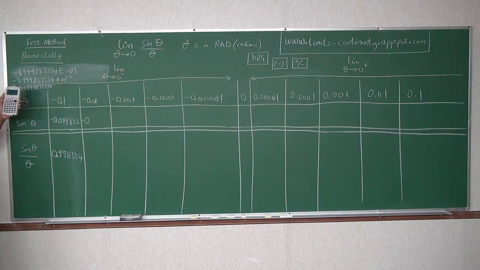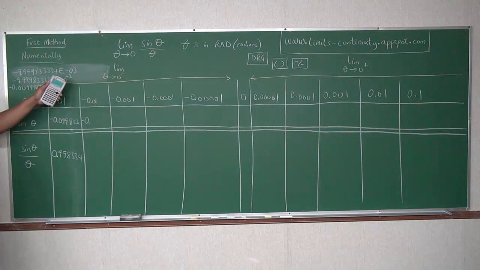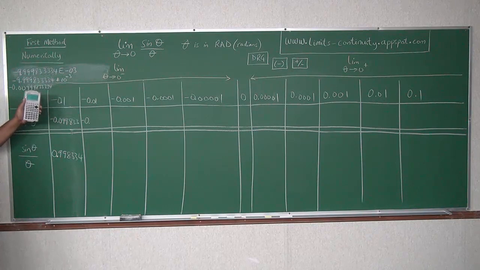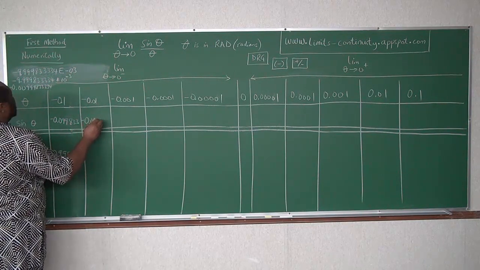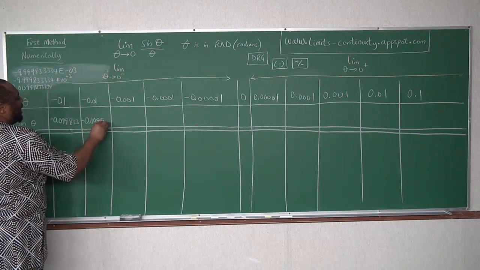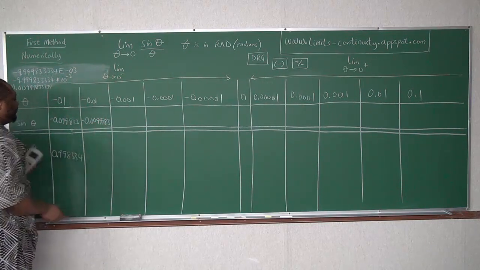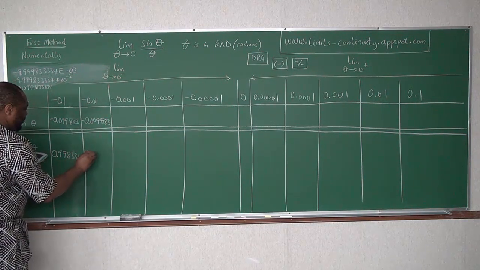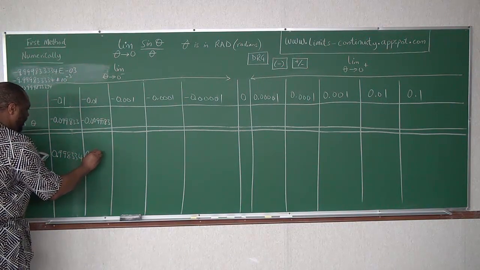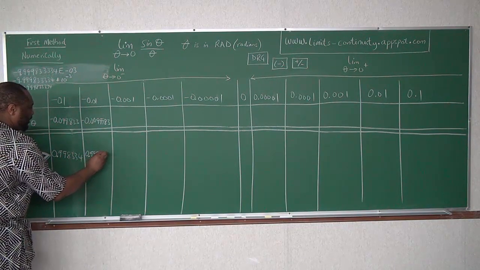This is in scientific notation, and now this is in standard notation. So negative 0.009998333, and I go ahead and divide by negative 0.01, and it gives me 0.999833.